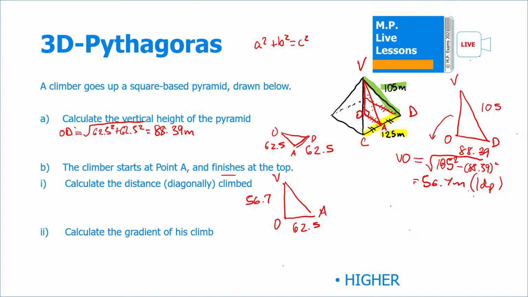It's a square. So to calculate the distance diagonally climbed, that's this all square rooted.